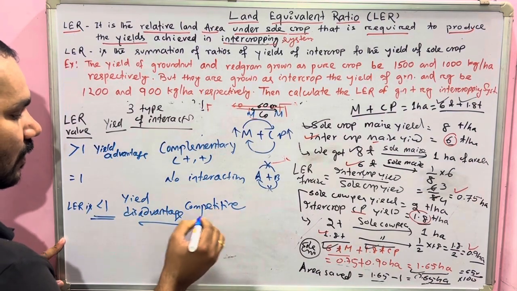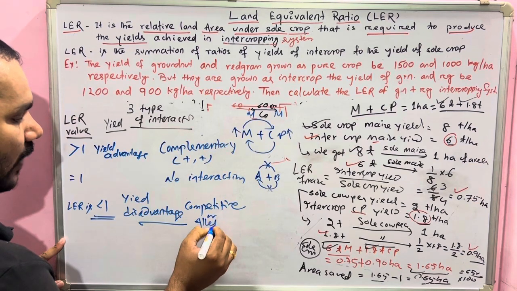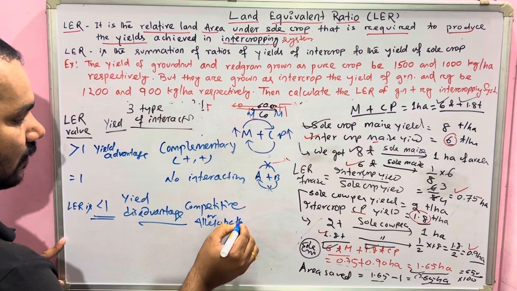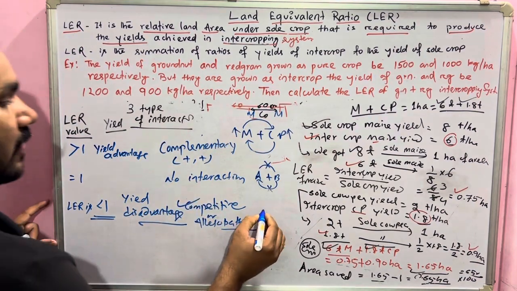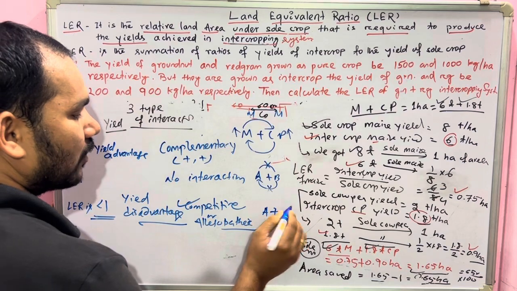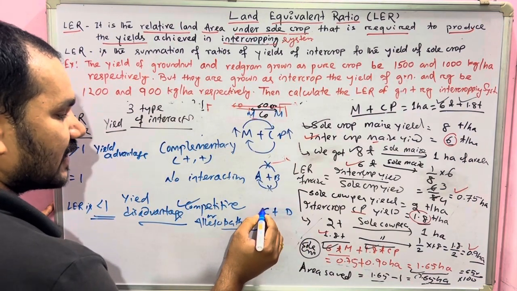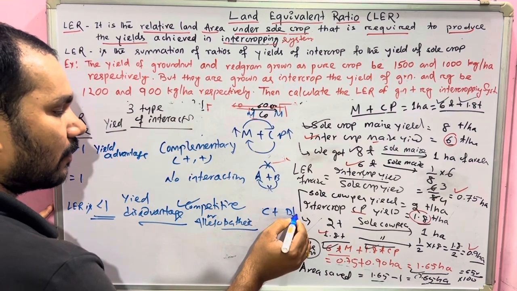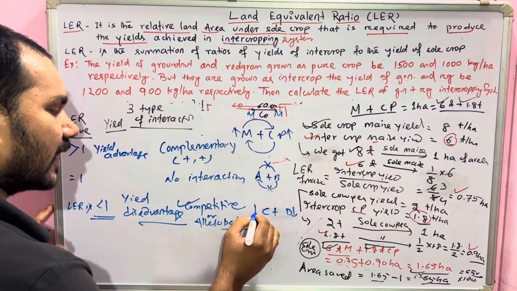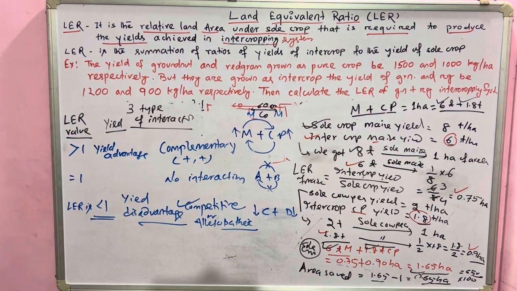Competitive interaction, or we can also say one type of allelopathic interaction. That means if we are going for C plus D, then C will give a harmful effect. C will decrease the yield of D, and D will also decrease the yield of C. In this case, LER is less than 1.